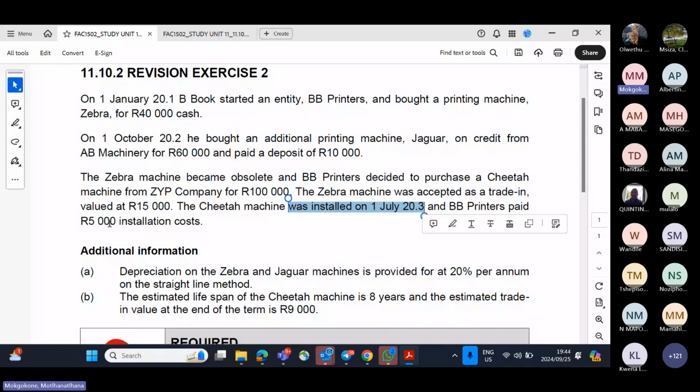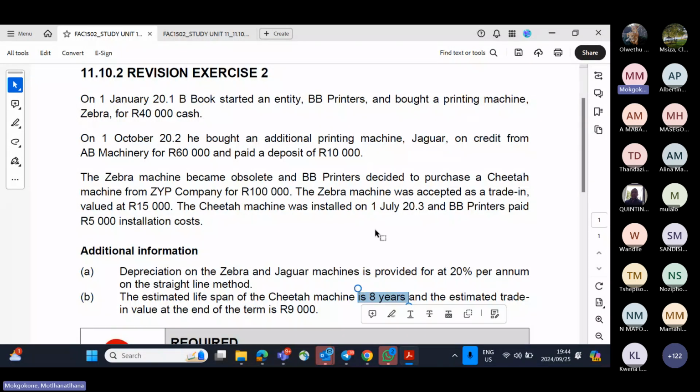Then you less your 9,000, which is the residual value, because now we are calculating the depreciable amount. And we said depreciable amount is your cost price of 105 minus your 9,000 of residual value. They will give you depreciable amount of 96,000. Then we say 96,000 divided by 8 years, which is the useful life.